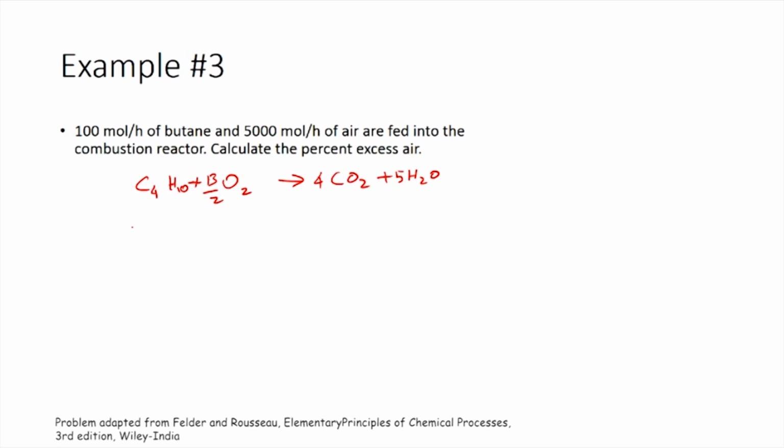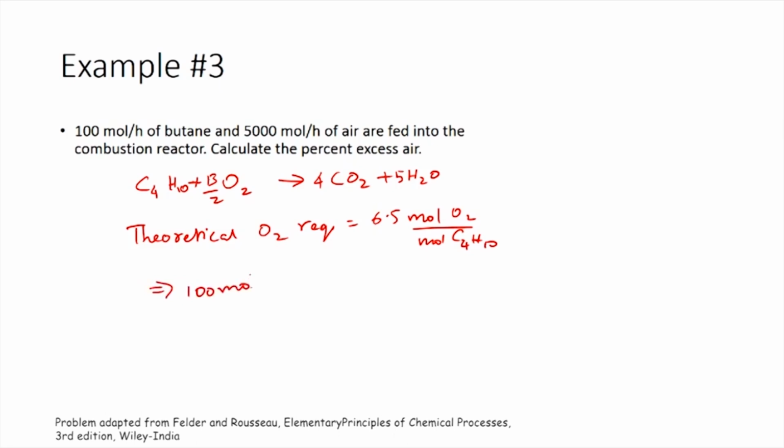So, this means theoretically, how much oxygen is required? Theoretical oxygen requirement would be 6.5 moles of oxygen per mole of butane. So, here you have 100 moles per hour of butane being supplied, which means 100 moles per hour of butane would require 650 moles of oxygen.